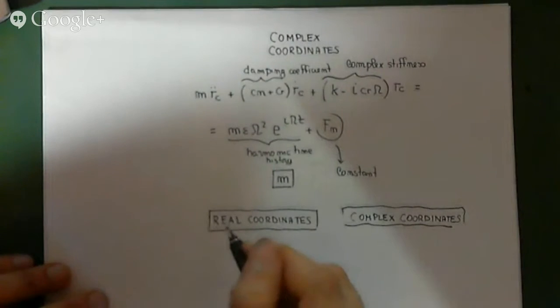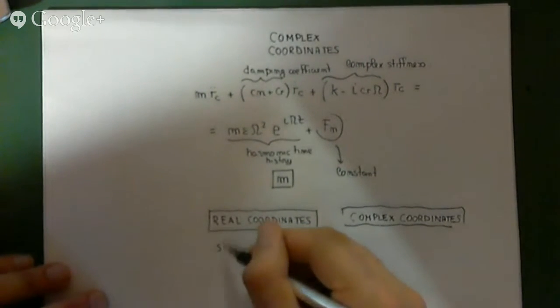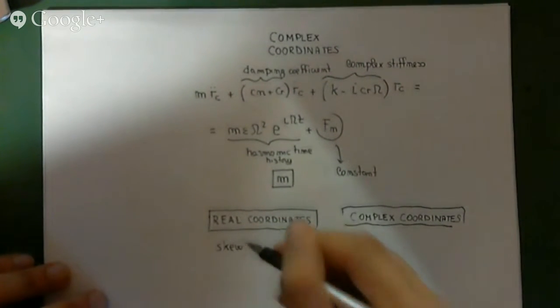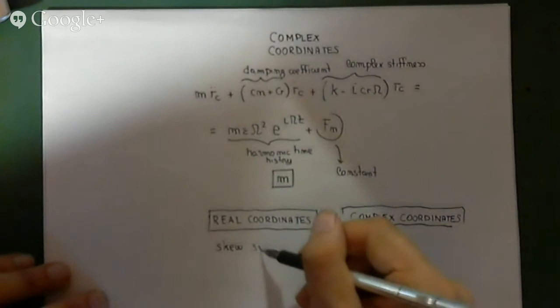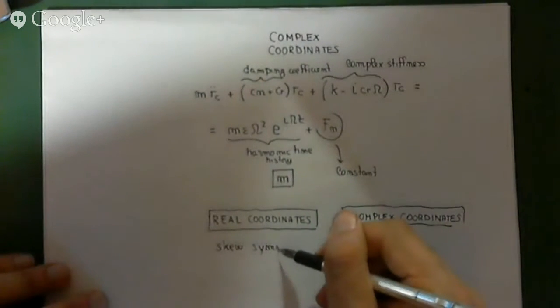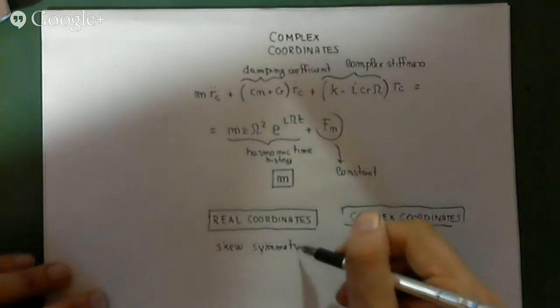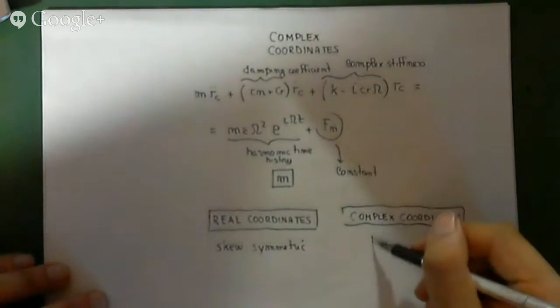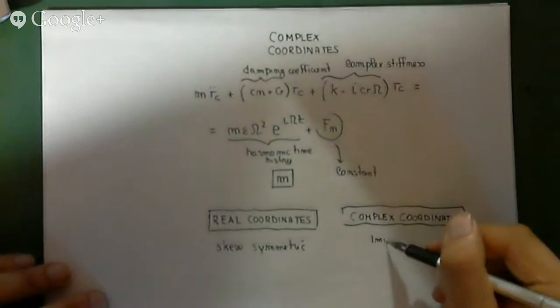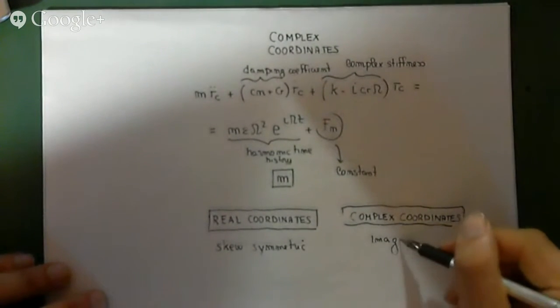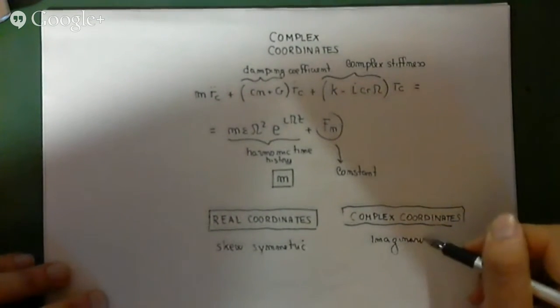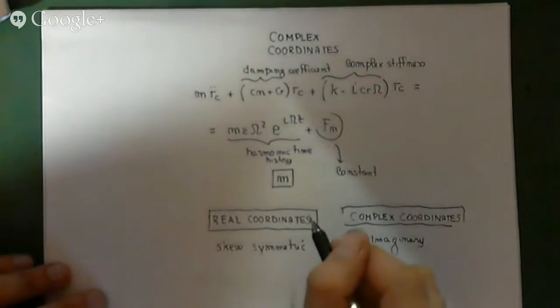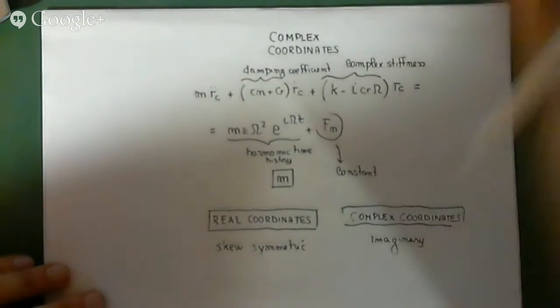So what is skew symmetric? Skew symmetric in real coordinates is imaginary when complex coordinates are used. This is a general rule.